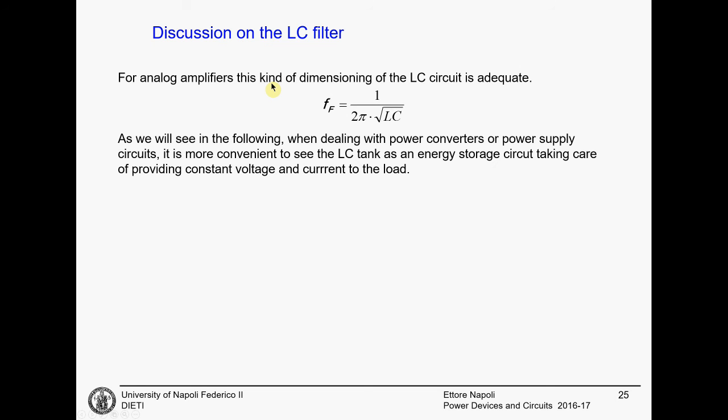A note must be made on the LC filter. When we deal with analog amplifiers, amplifiers that have to provide an amplified analog signal to the output, dimensioning the output filter in this way is adequate.